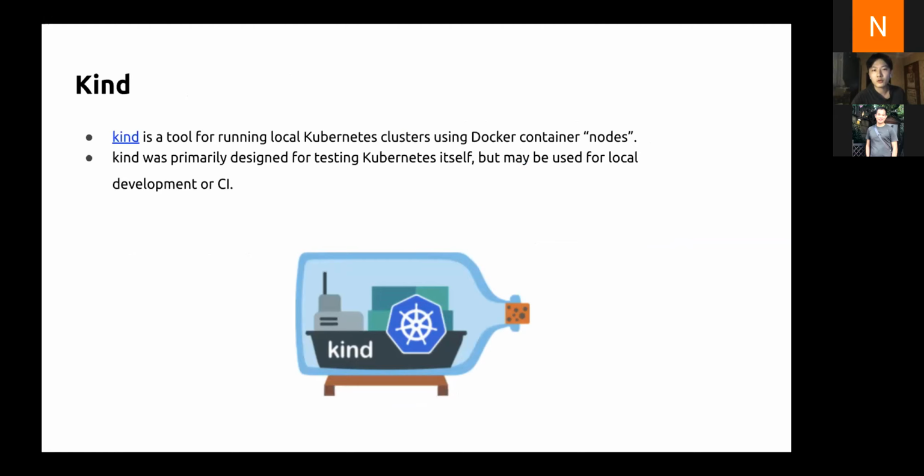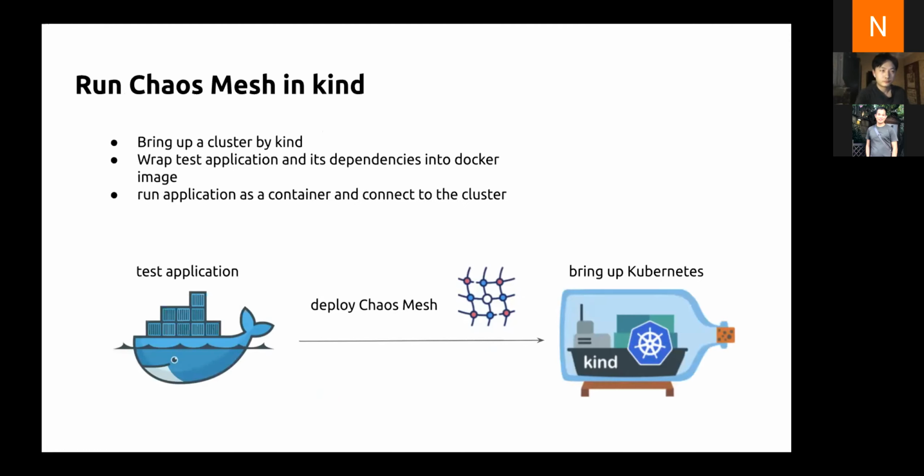It was primarily designed for testing Kubernetes itself, but nowadays many applications and controller-runtime libraries use it for local development or continuous integration. So with the help of Kind, we can simply create a Kubernetes cluster lightly with a wanted version.